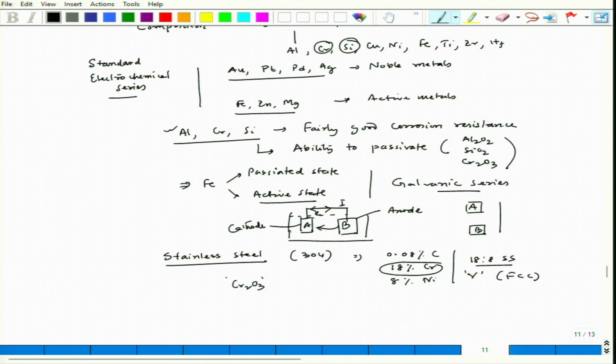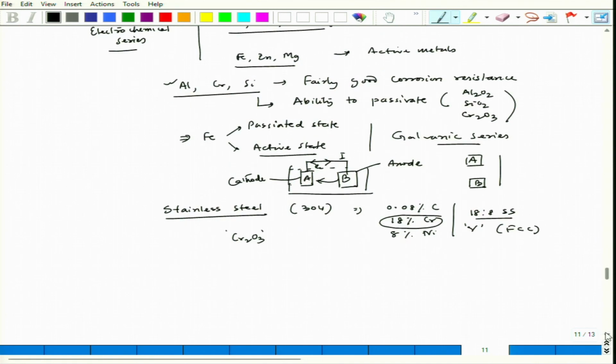But interestingly, with this composition, if there is a change in microstructure, we will see that this material becomes very susceptible to intergranular corrosion. We will talk about it later, but let us concentrate on the material composition part. So, this is another composition effect.